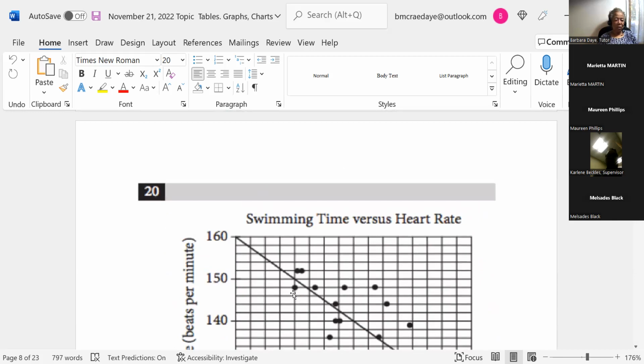Now, what about a point that's not on the line of best fit? That's the point right here. What would you call that? It's this dot right here. What's that value? Let me see. This is 140 right here, right? Uh-huh. Now you're going up by 2.